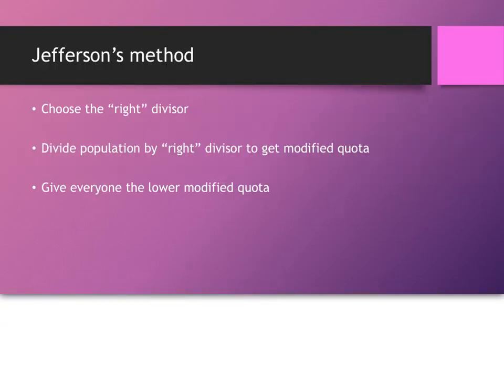All right, so in Jefferson's and Adams and Webster's method, they all come down to choosing the right divisor. Here's what Jefferson's method is going to do. Obviously, this was named after Thomas Jefferson, one of the founding fathers of the United States.